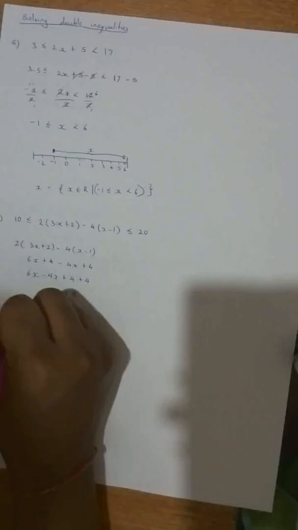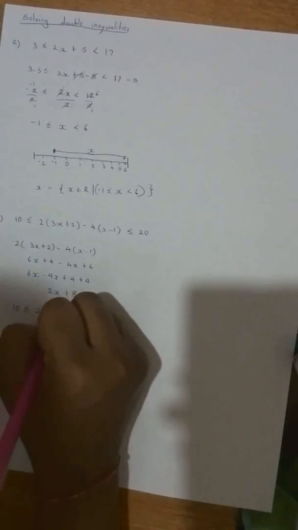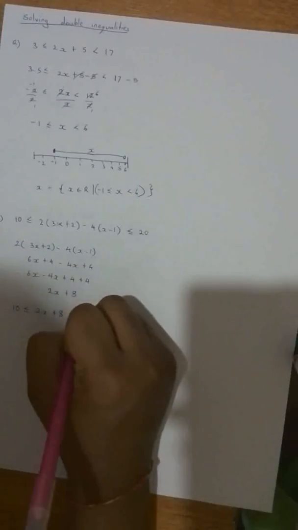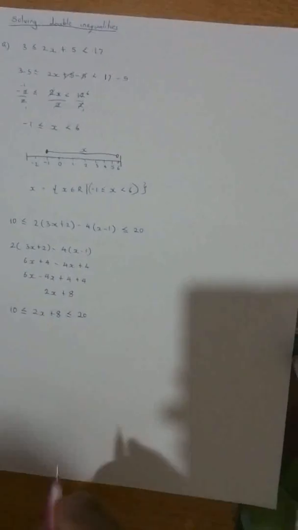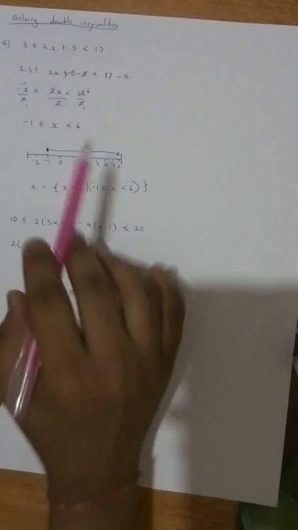So we go back to our first part where we have 10 less than or equal to, and we use this now: 2x plus 8 less than or equal to 20. Again, we'll solve it the way we did previously.